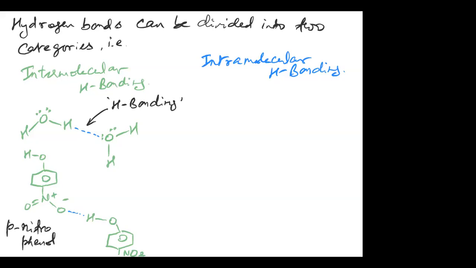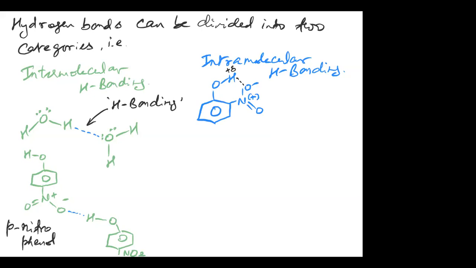Similar to this, another structure may be, let's say, this is the compound having OH here, and it may have O minus and nitrogen having positive charge. So here you can just try to imagine hydrogen having partial positive charge, oxygen having negative charge.